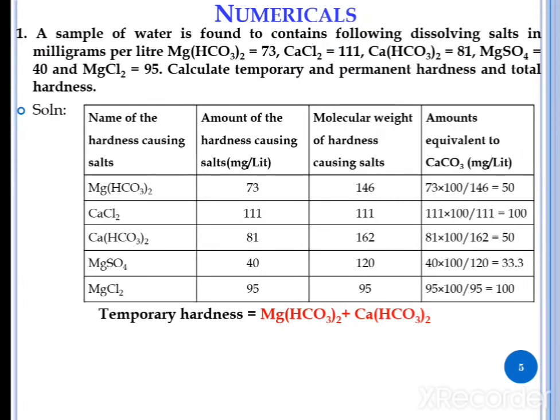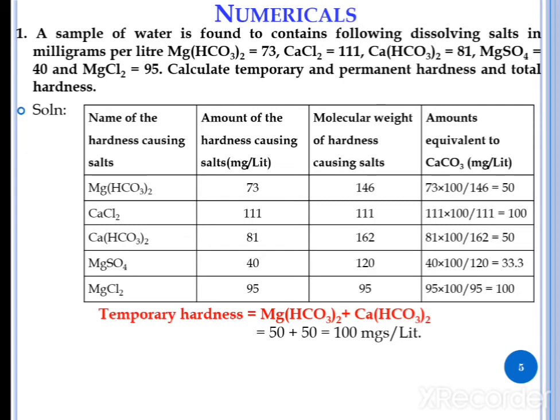How do we calculate temporary hardness? It is the amount equivalent to calcium carbonate of magnesium bicarbonate plus calcium bicarbonate. These values we have calculated earlier. Therefore the temporary hardness in this particular numerical is 100 milligram per liter.